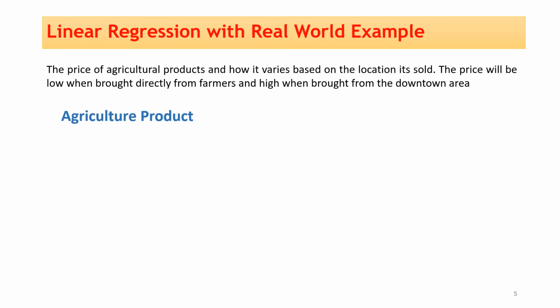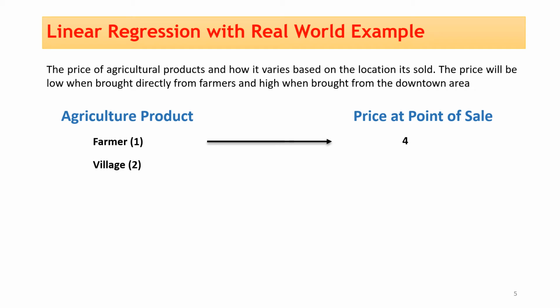Now we will make a table in which the first column indicates the agriculture product location and the second indicates the price at the point of sale. Suppose the agriculture product is sold directly from the farmer, then the price will be, suppose, 4.